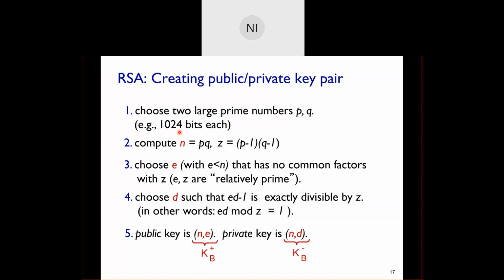2 power 1024. What could be the size? Can you imagine what the size of this number could be? 2 power 1024. What is that? 300 digits approximately. Is that correct?